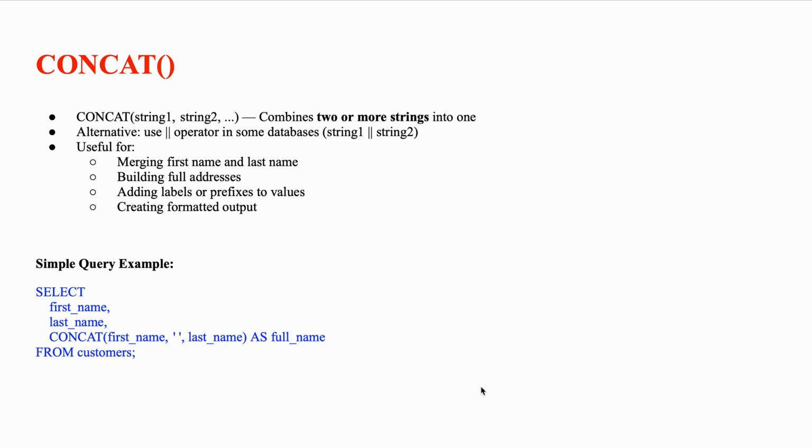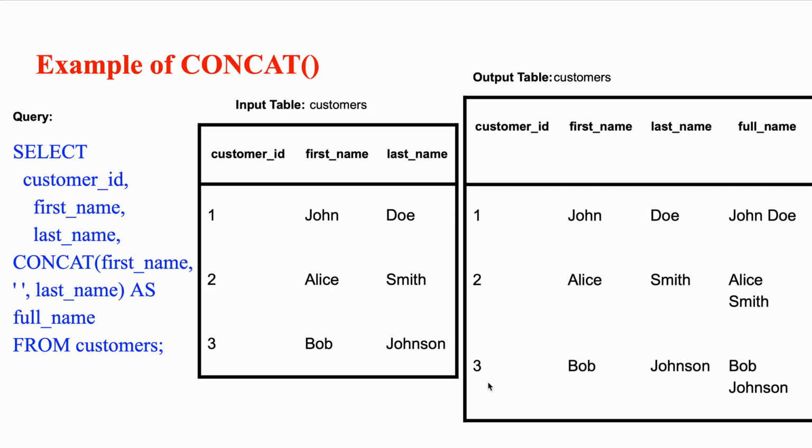This is very useful for building readable outputs and formatted text fields. Here's an example. With a customer's table, we are using CONCAT to combine first name and last name into a single full name column with a space in between. This is a very common use case, for example, when displaying full names in reports, forms, or test results.